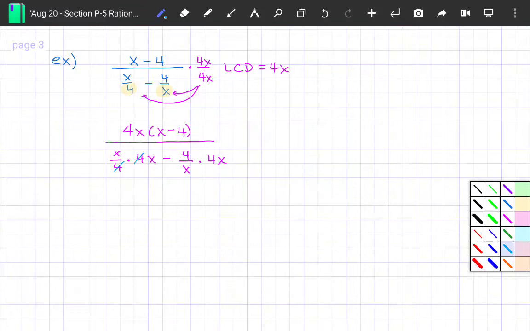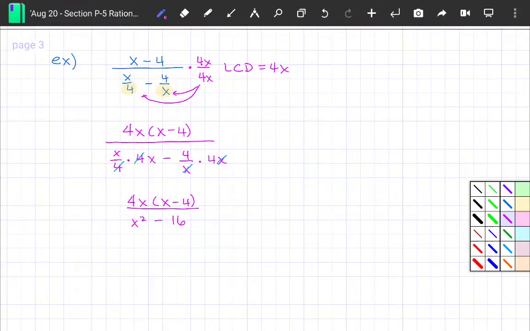These 4's will cancel, and these x's will cancel. What I'm left with in the numerator is still 4x times x minus 4. But in the denominator, I have x times x left, and 4 times 4 left. And so I got rid of the complex fraction.